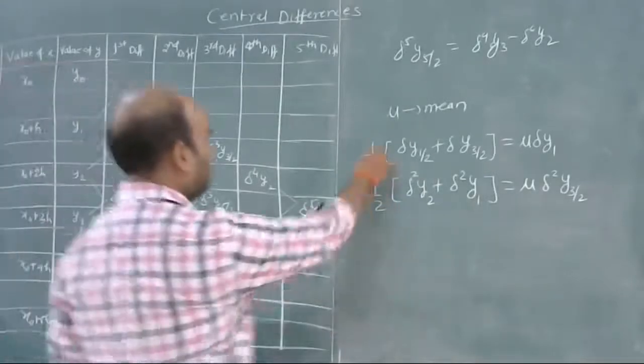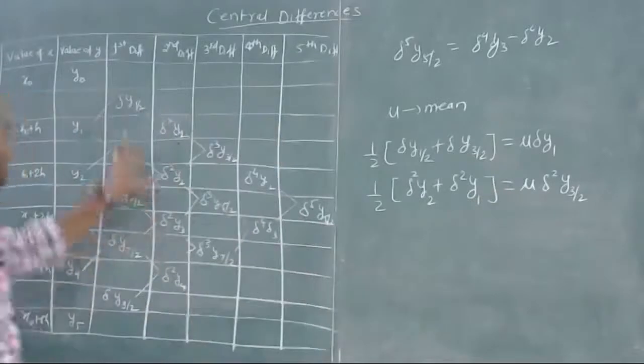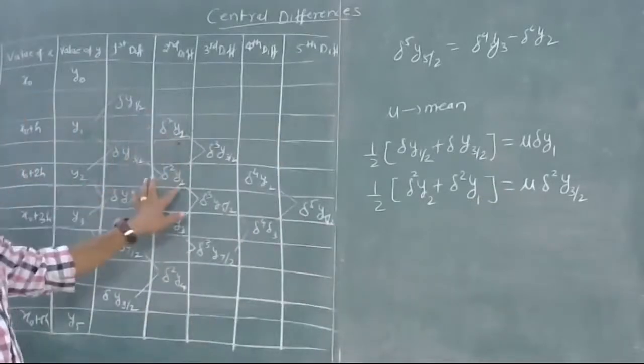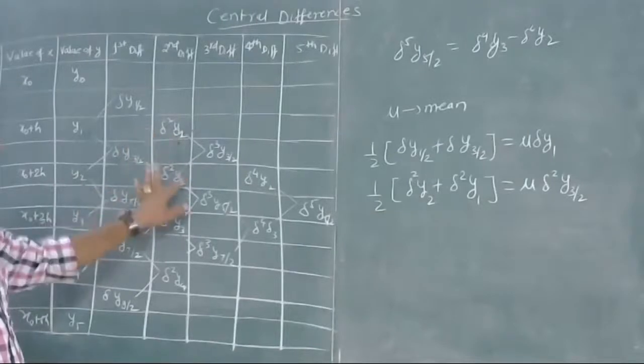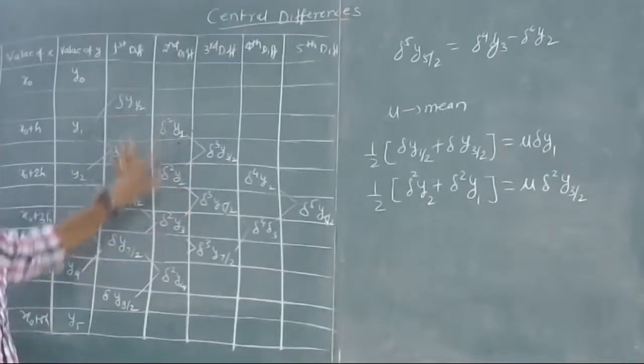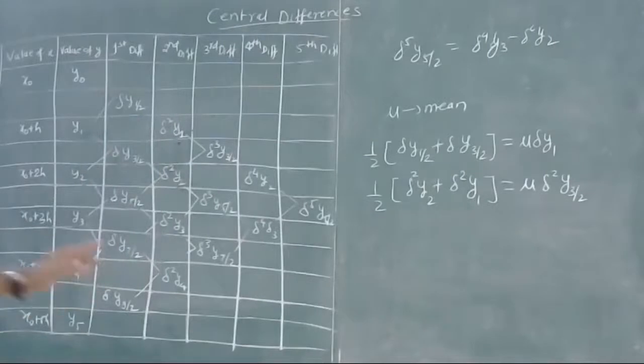So this is the mean. If you want to find del square y3/2, with y1 and y2, this will be the mean of these two values. So in this manner you can find the mean of these differences.